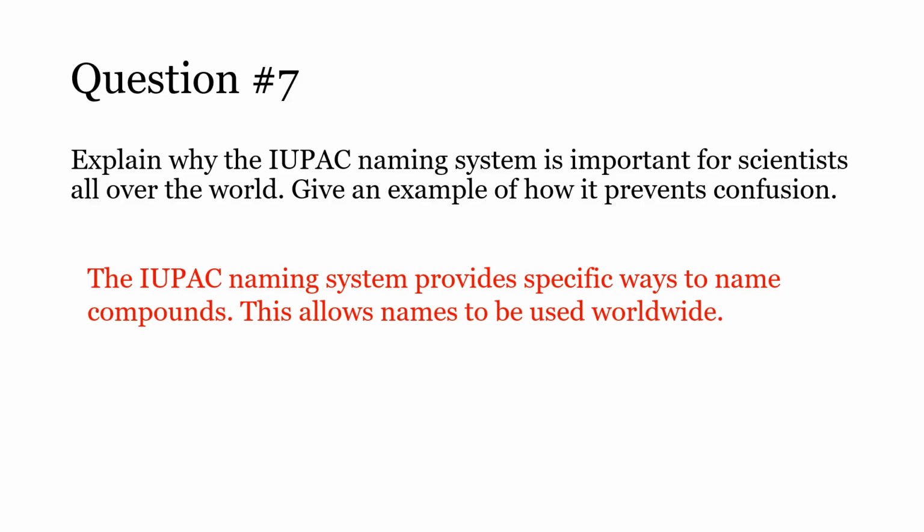And this really will help prevent confusion because if we have, let's say, scientists in the United States and then scientists in Italy, let's say they come up with a compound together, they may want to name it slightly differently based on their language. But according to the IUPAC naming system, their name would have to be the same. And so that compound that they created would be able to be used by anyone in any language.